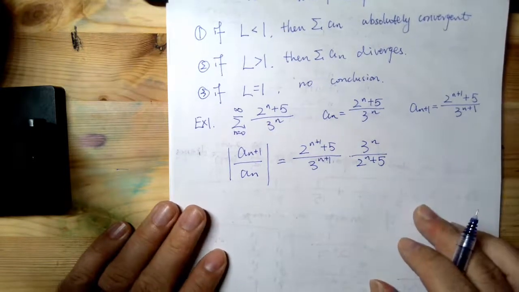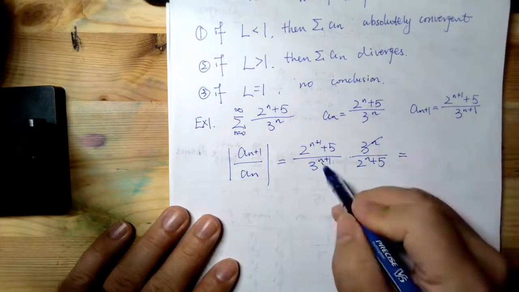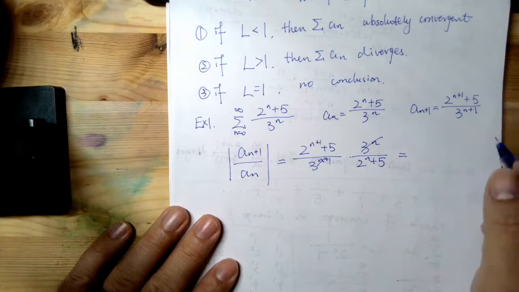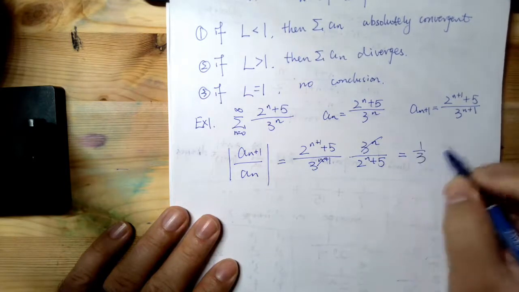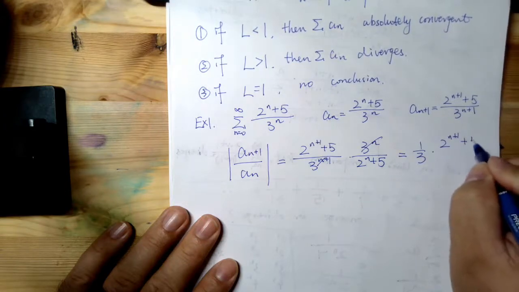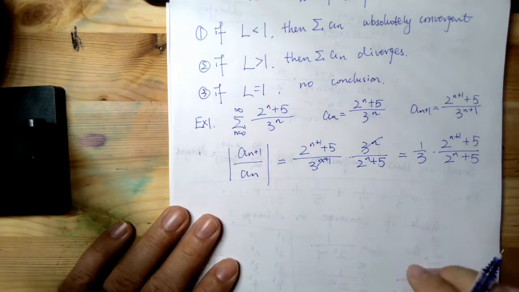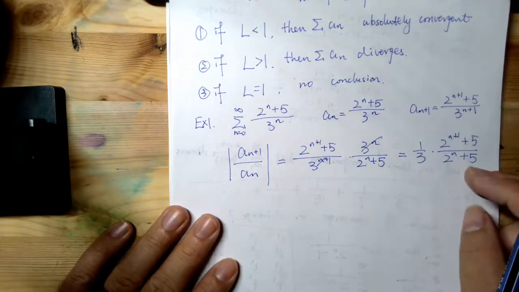As you can see, we can simplify this. I can factor this 1 over 3 out, times 2^(n+1) plus 5 over 2^n plus 5. Okay. So that's what we get.